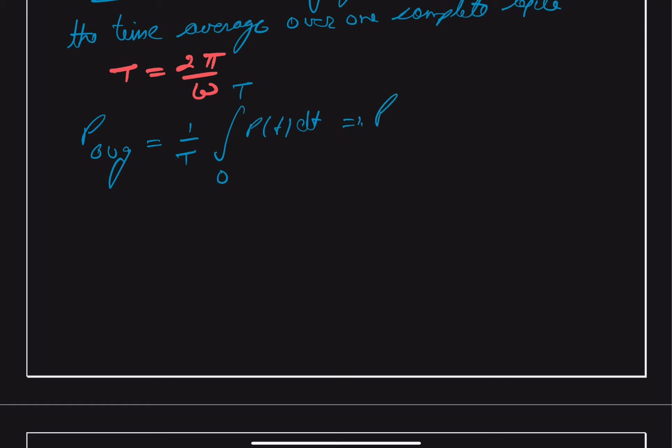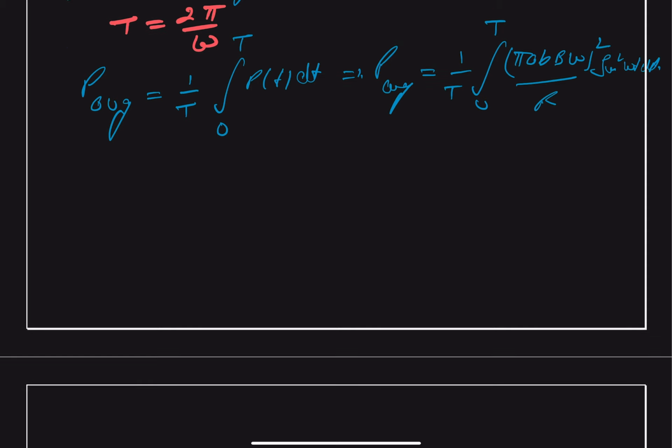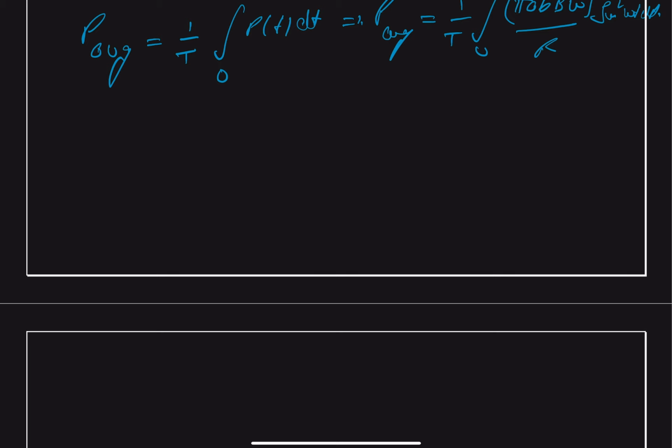If we substitute the value, P average is equal to 1 upon T integration 0 to T, and we already know our P of t, that is pi AB magnetic field whole square divided by R, and here we have sine square omega t dt. So the only time dependent part is sine square omega t, so we can move the rest of the things out of the integration.